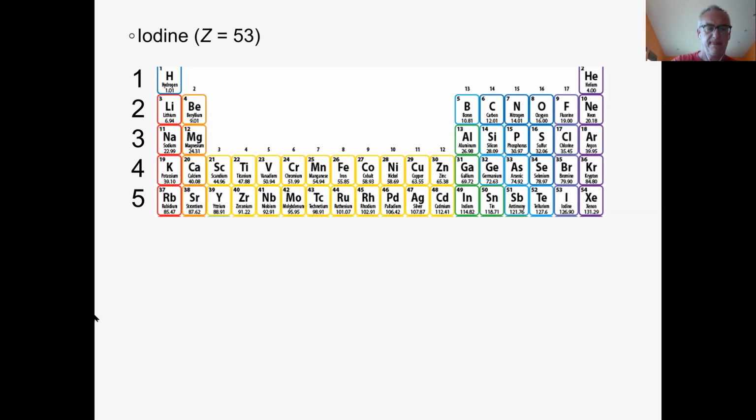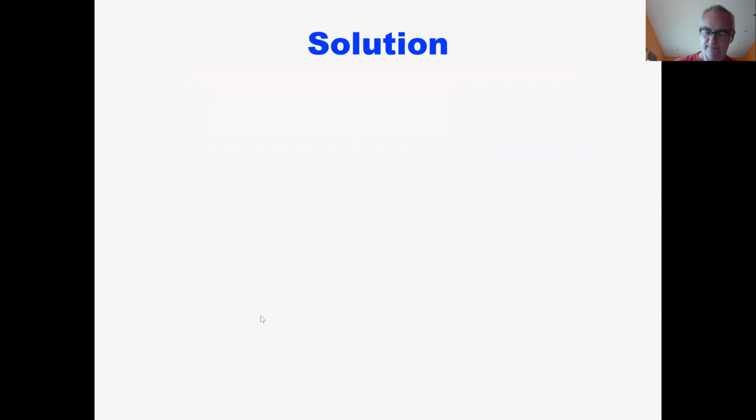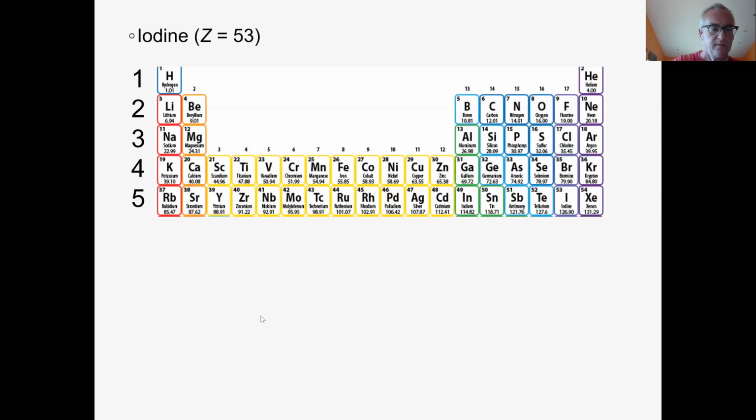The right bottom corner. Yeah, right there. So there's iodine. I'll just fill it in. So it has 53 electrons. So what's the next smallest noble gas? Krypton. So we'll put krypton.